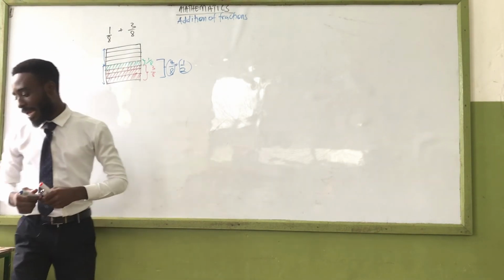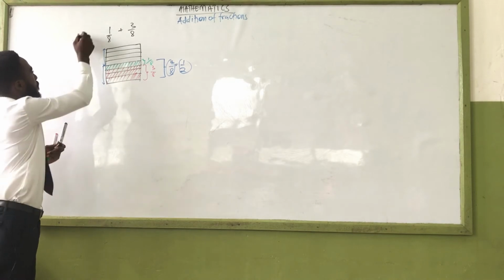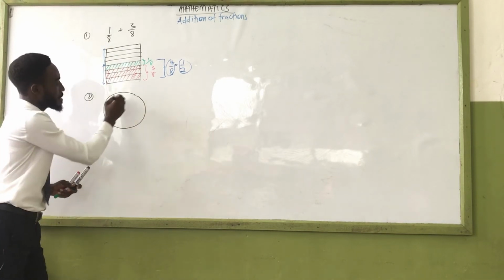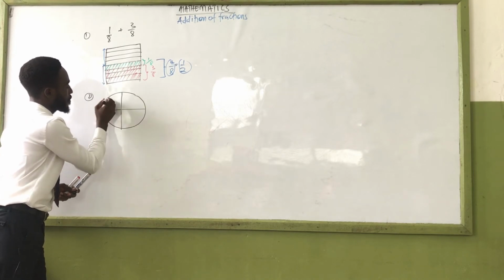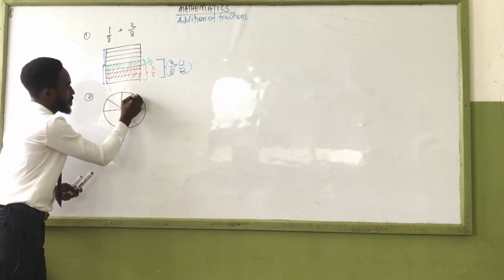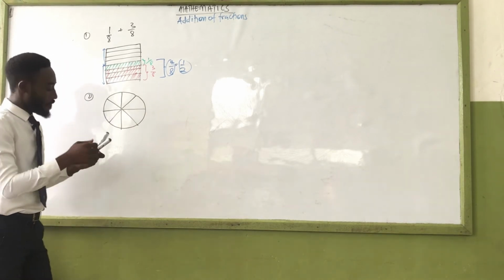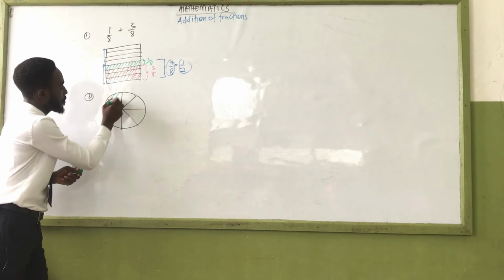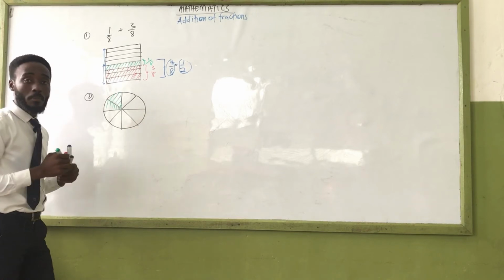Let's try another example like this. So let's take this as a certain fraction of, if I shade this part as green, watch here.